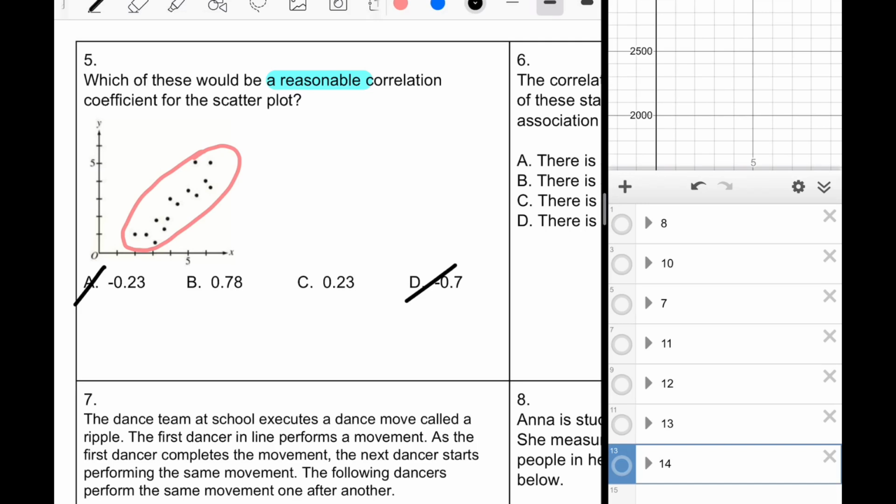For B, we have a stronger correlation coefficient, and for C, we have a weak correlation coefficient. For weak, we would have values that were spread out that did not look like a pattern, but that is not the case here. I do see that there is a strong relationship here. So the best correlation coefficient is going to be B.